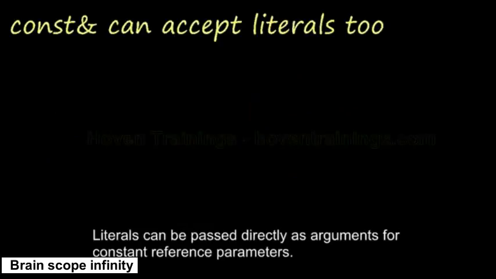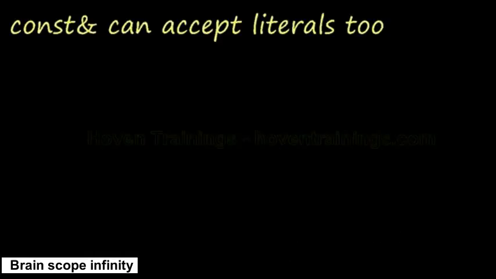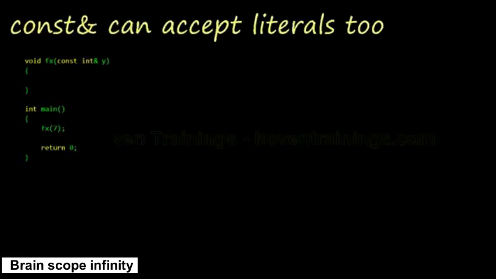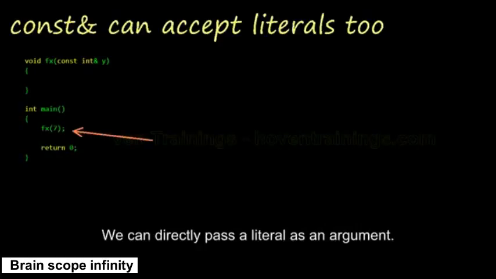Literals can be passed directly as arguments for constant reference parameters. This code shows a function that has a constant reference parameter. We can directly pass a literal as an argument.